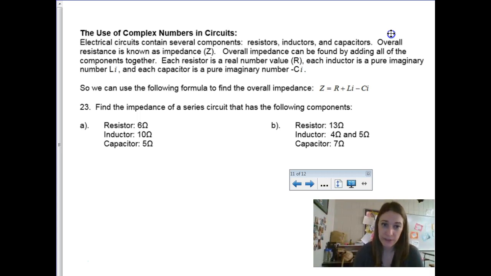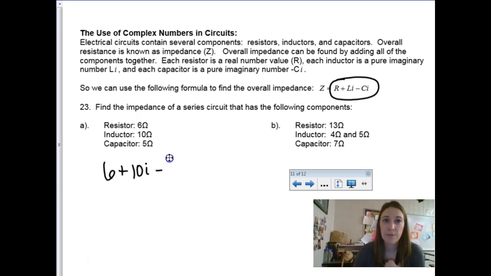So if our resistor is 6 ohms, that's what that label means, and the inductor is 10 ohms, and the capacitor is 5 ohms, and I go into this formula here, I'm going to be able to figure out the total impedance. So the resistor, I'm just going to put a 6 in place of R, plus the inductor is 10, but with an imaginary component, and then we're going to subtract the capacitor, which is 5, with an imaginary component.